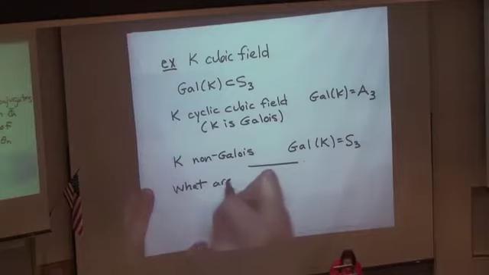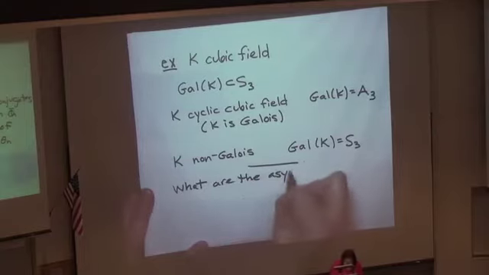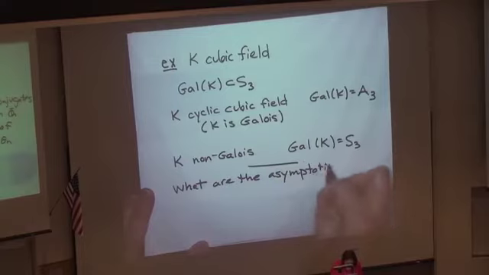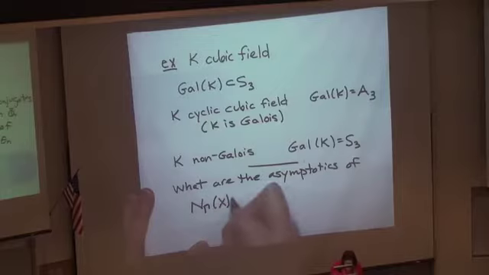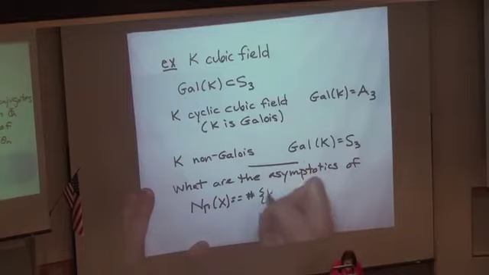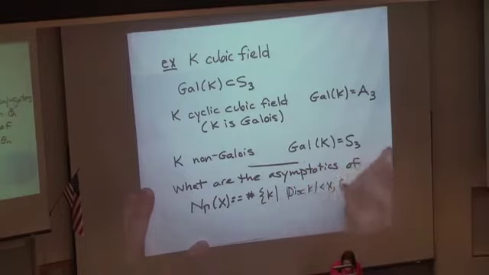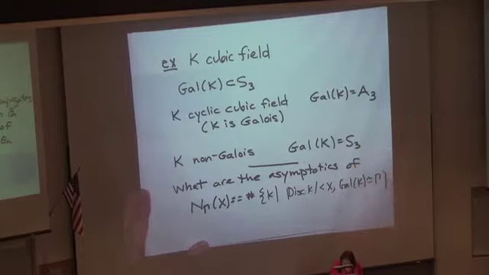So what are the asymptotics of, say, N gamma of x, which I define to be the number of K with discriminant at most x, and Gal K to be isomorphic to some permutation group. So since these questions are hard to answer, I'll just keep asking more of them. That's sort of the general strategy.